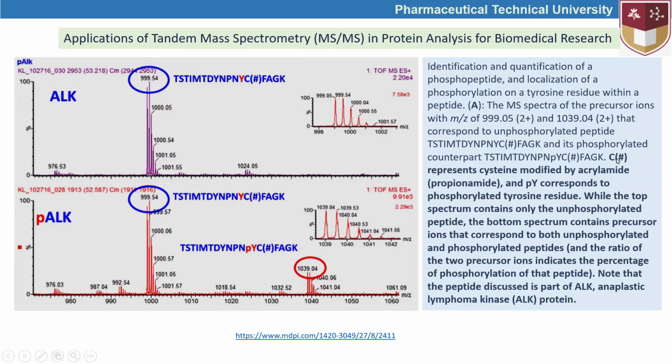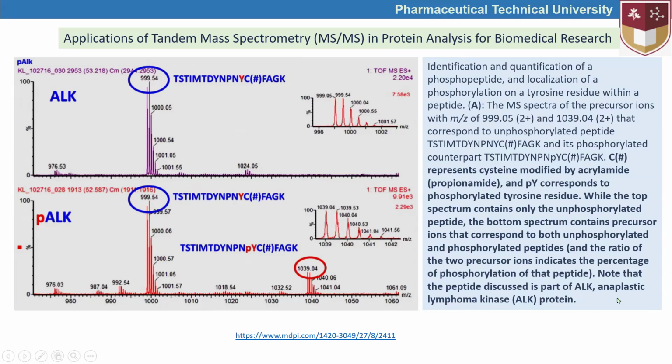So the C here represents cysteine modified by alkyl, corresponds to phosphorylated tyrosine residue, while the top spectrum contains only the unphosphorylated peptide. The bottom spectrum contains precursor ions that correspond to both unphosphorylated and phosphorylated peptides. The ratio of the two precursor ions indicates the percentage of phosphorylation of the peptide as well.